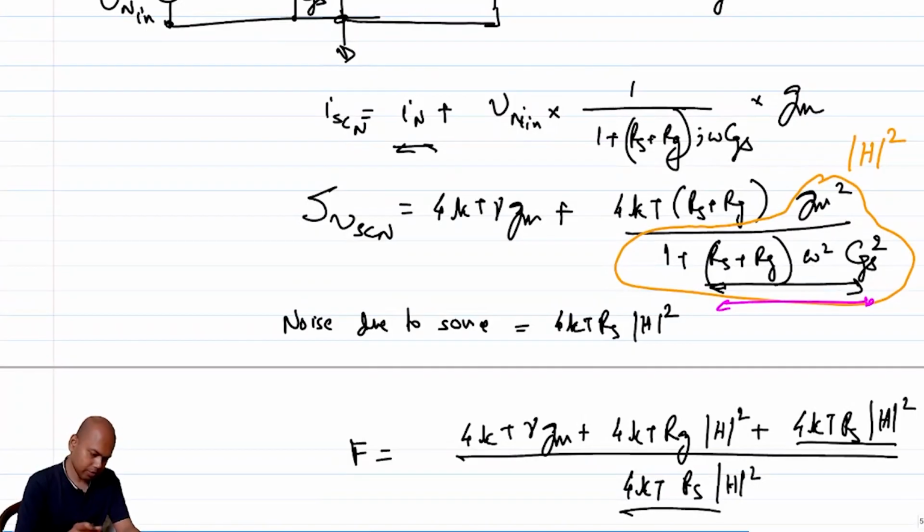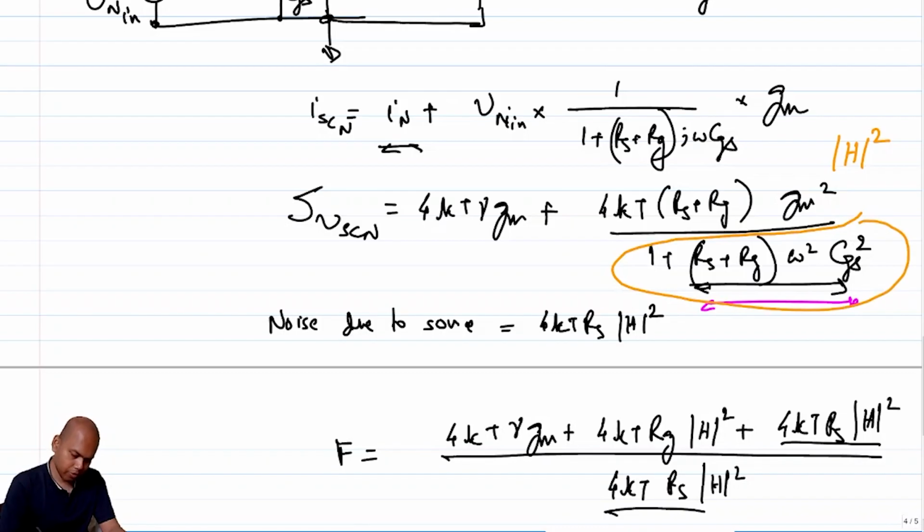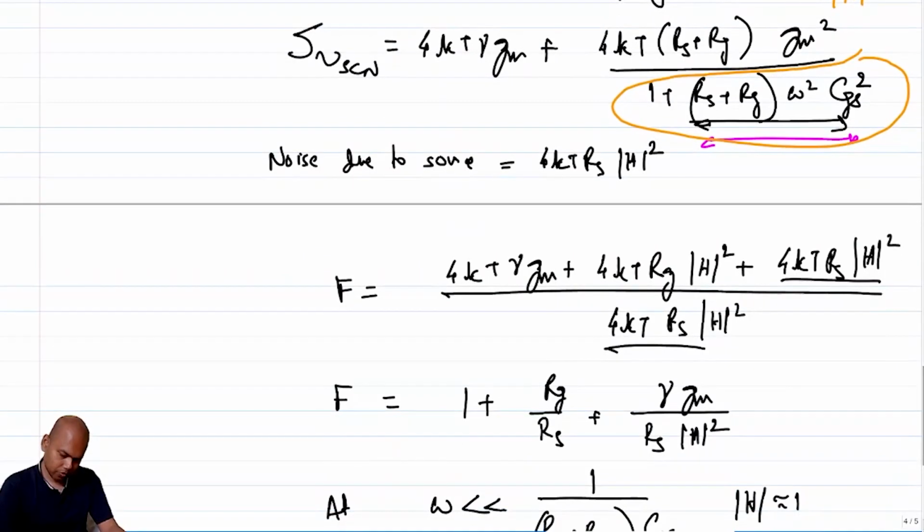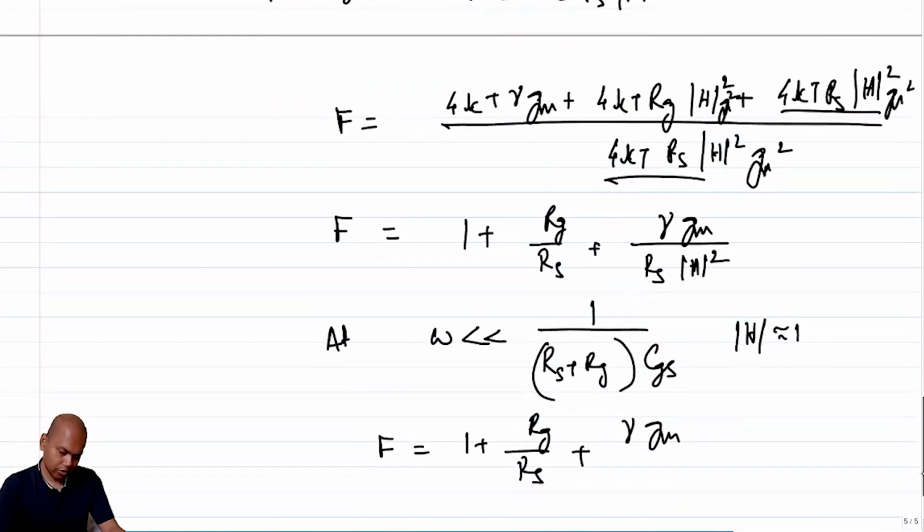So this should be H squared, and I should have written these as times Gm squared, so mod of H squared Gm squared.